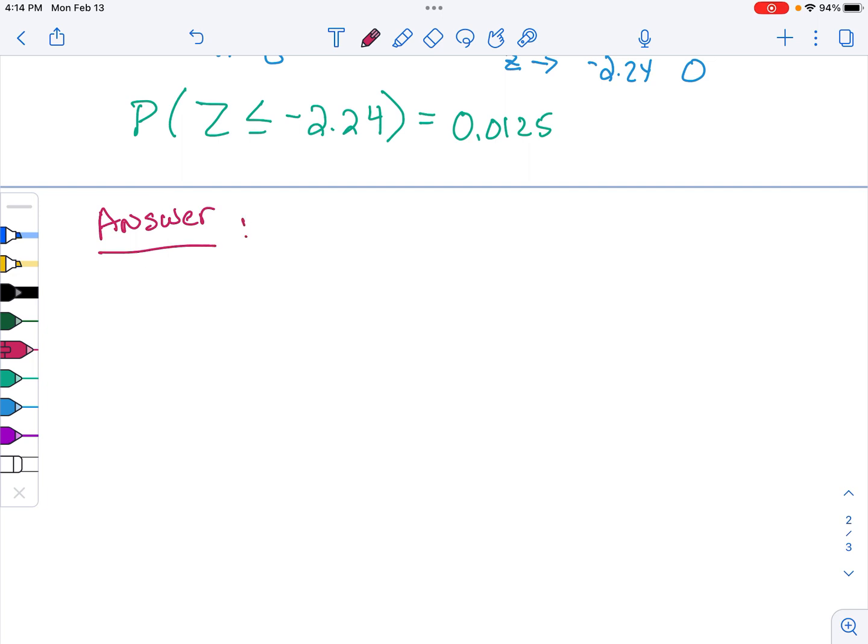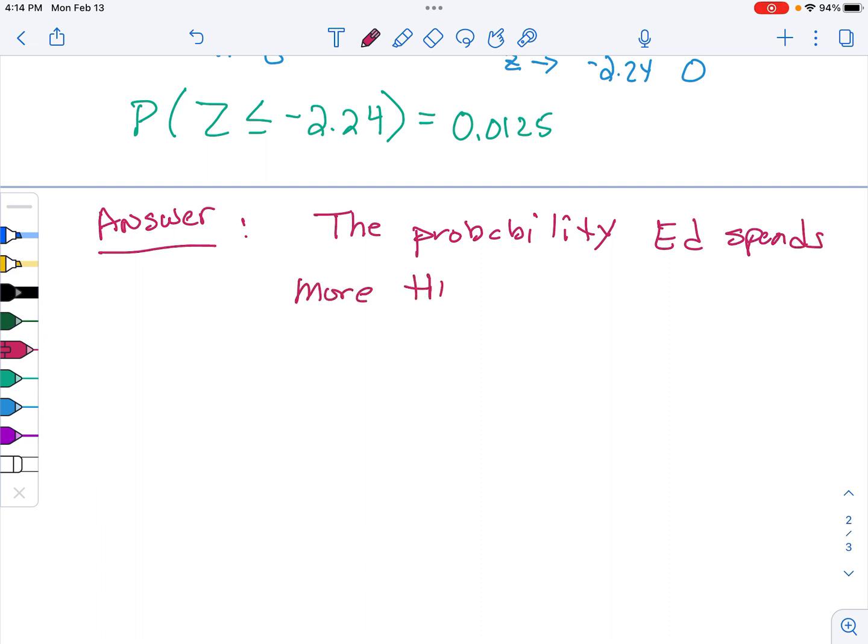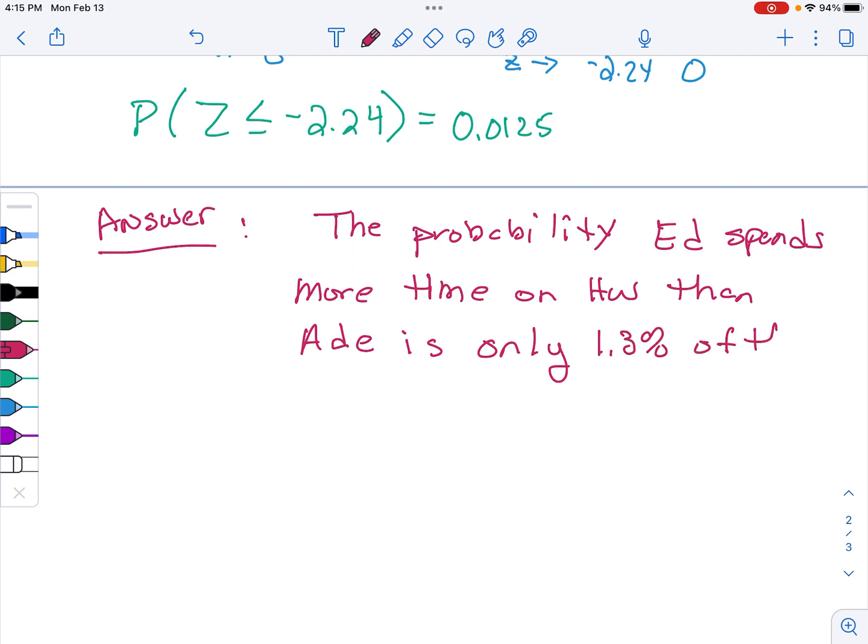So the answer is the probability Ed spends more time on homework than Addie is only 1.3% of the time.